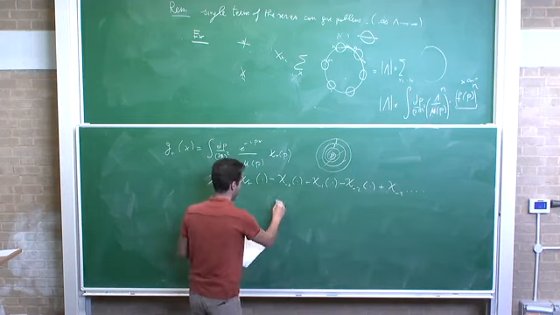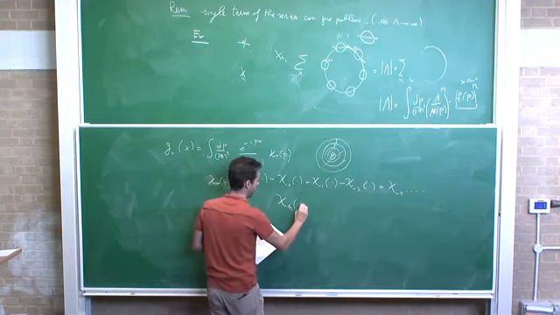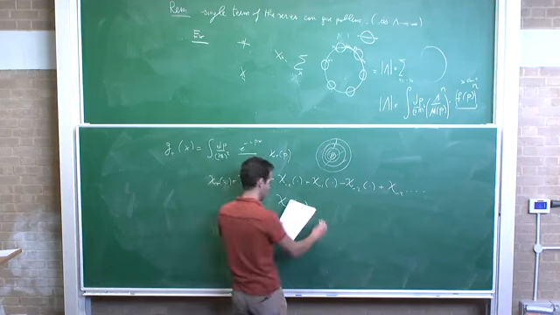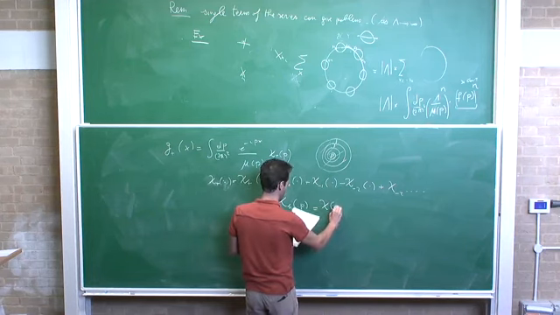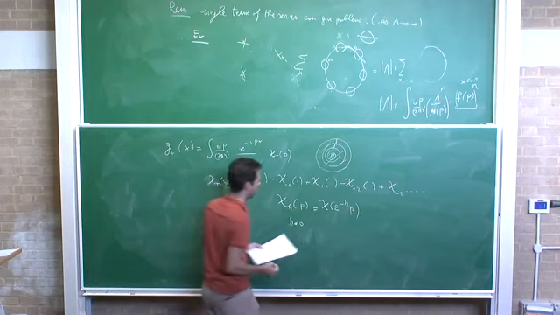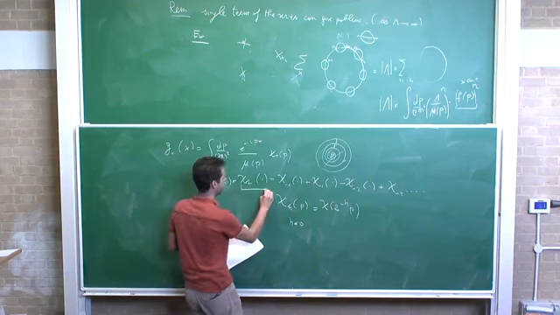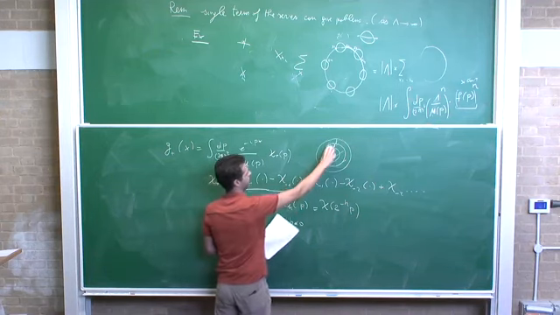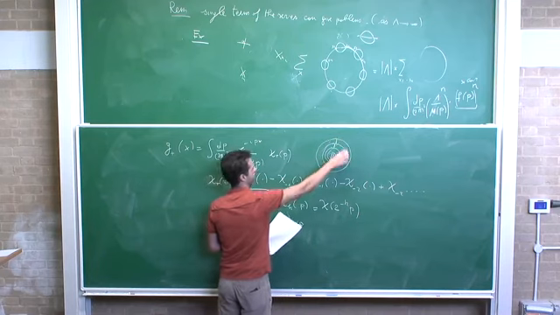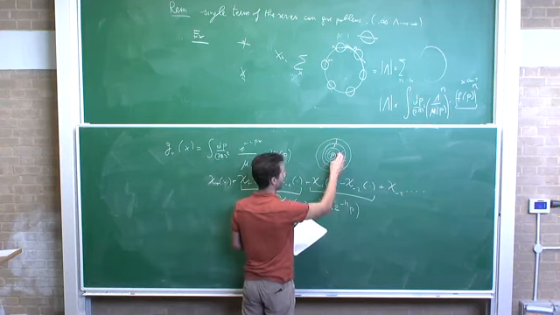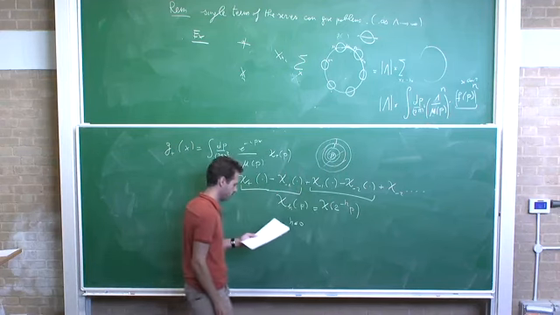Okay, what is chi h of p? h is a negative integer. It's just chi of 2 to the minus h p. Okay. So this thing here is concentrated on the whole disk. This thing here is concentrated on the first ring. This other is concentrated on the second, and so on.